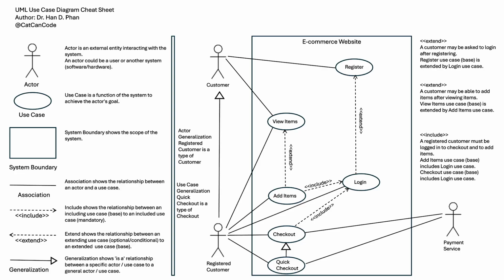You can see that register customer is a specific type of the customer actor, so I have the generalization arrow to show this relationship. The other actor is payment service. This is like the system actor that is external to our particular system, so it's like a third-party payment service.